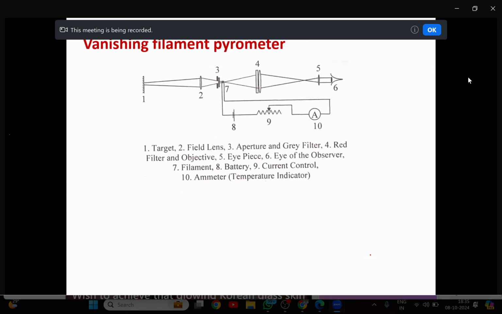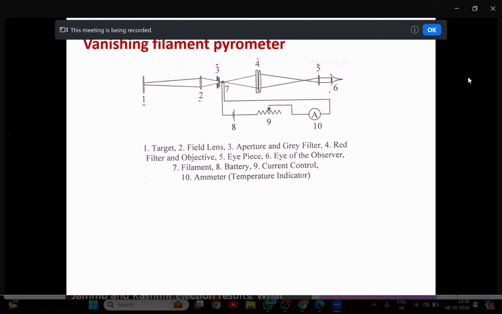Now this is the instrument. This is called a vanishing filament pyrometer. So basically, 1 is the target whose temperature you want to measure. 2 is the field lens. Okay. I will talk about the purpose of all this. 3 is the aperture and a gray filter. 4 is the red filter and the objective. 5 is the eyepiece and 6 is the observer.